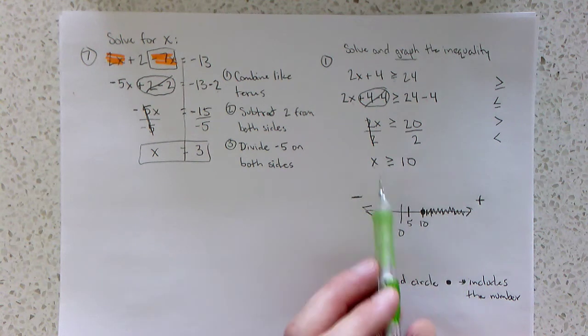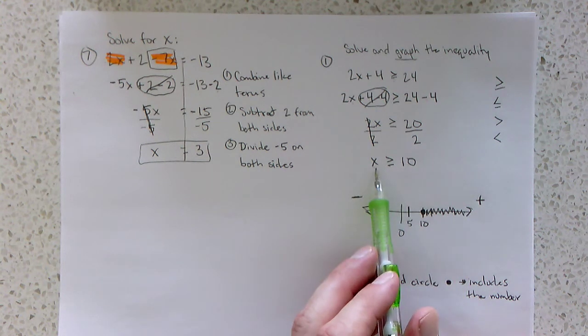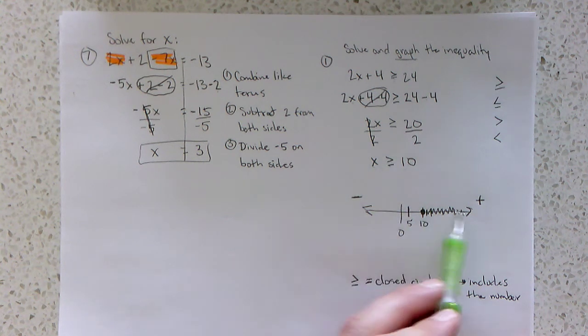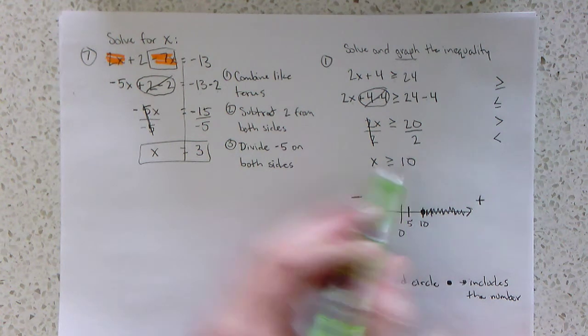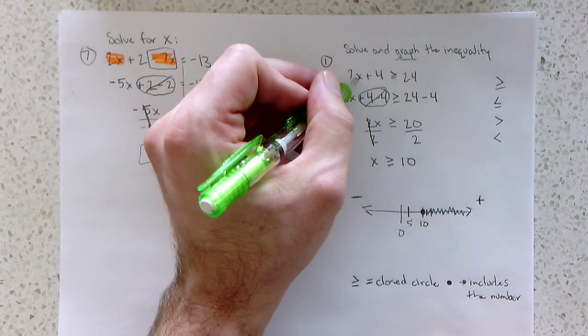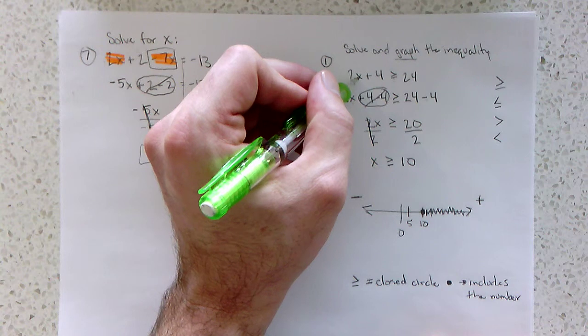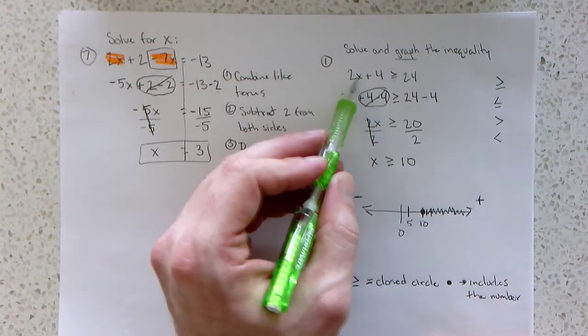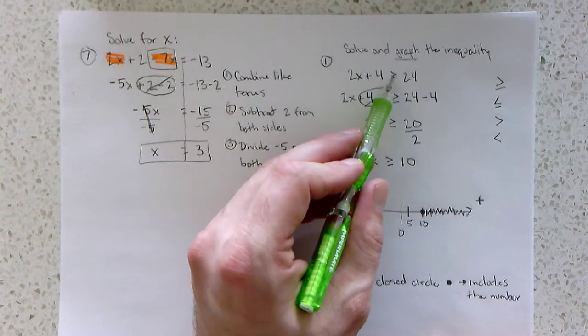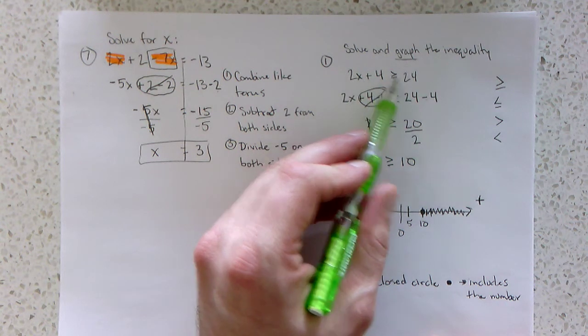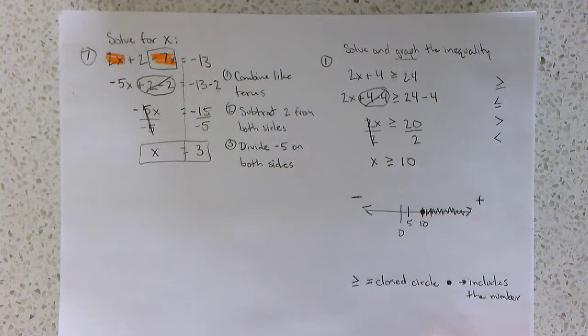Because all of our possible numbers, which x represents, are going to be equal to or greater than 10. So if I was to take this 10 and plug it back into my initial inequality, then the number that I get on the left side would either be greater than or equal to the number that I get on the right side.